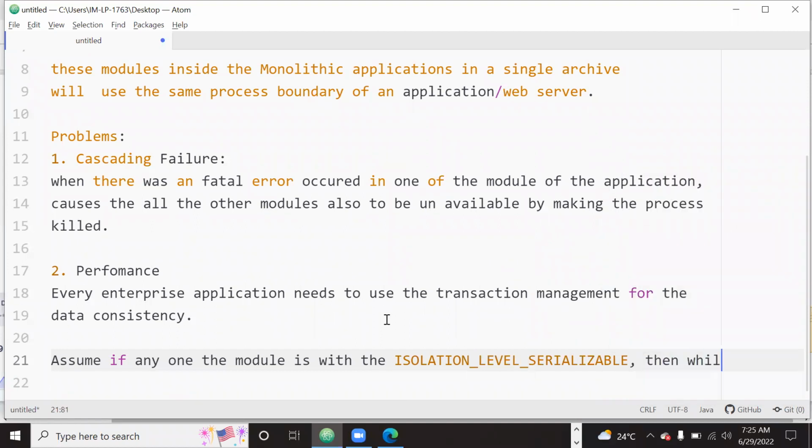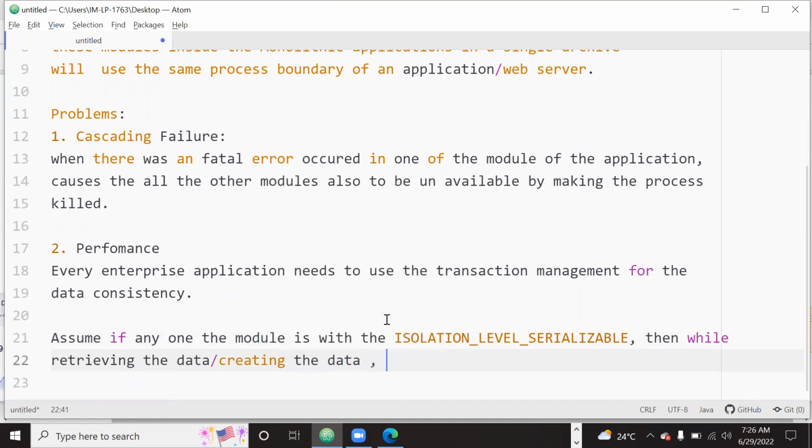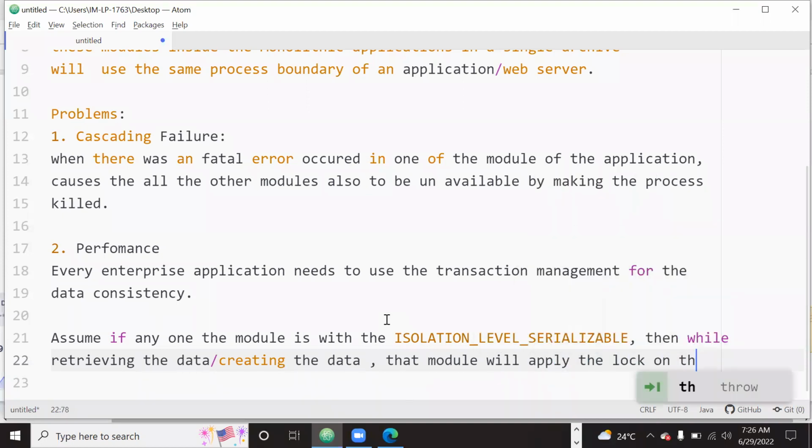Then while retrieving the data or creating the data, that module will apply the lock on the database. Lock on the database.